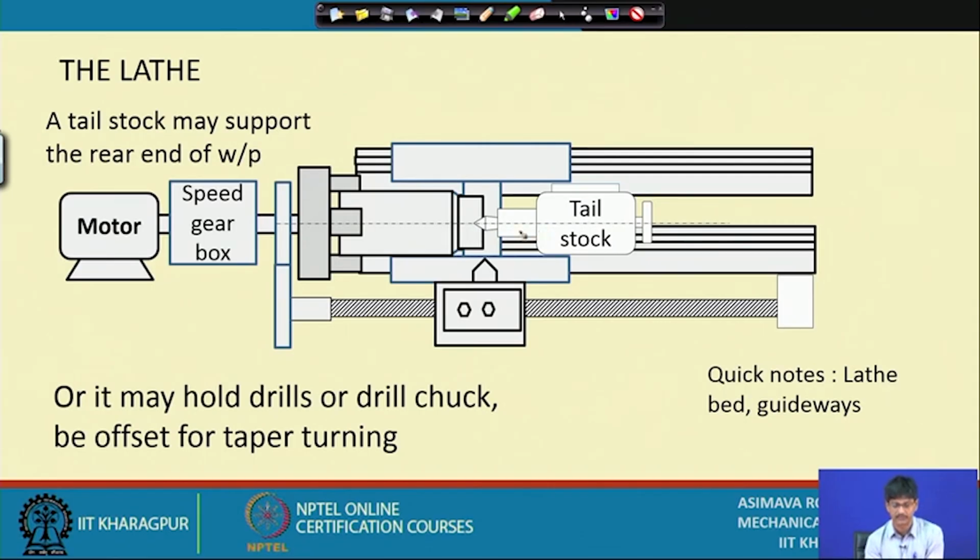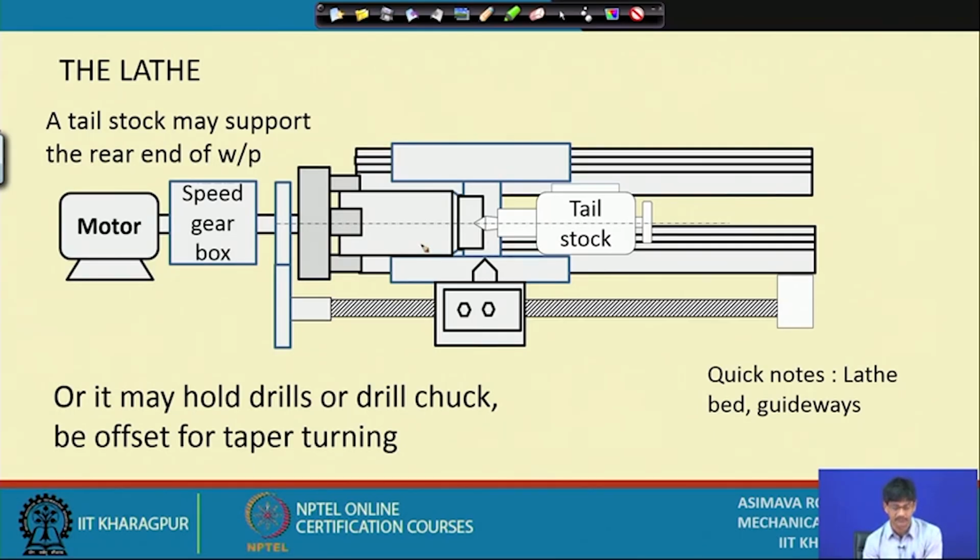So, at this moment the tailstock is being used to hold the rear end of the workpiece, because the workpiece might be sufficiently long, and if it is not held on this side, it might sag and that will cause a lot of inaccuracies. The tailstock, however, might also be used for holding tools.